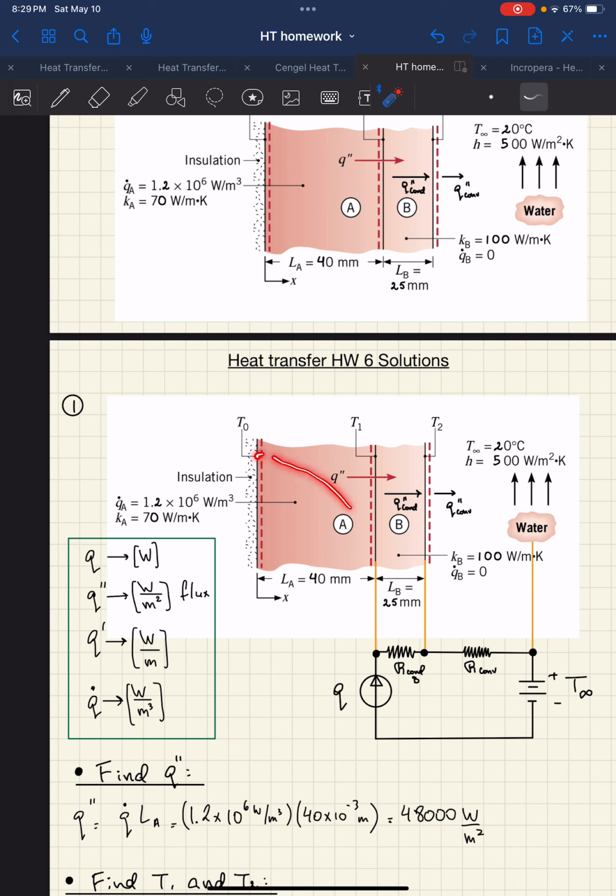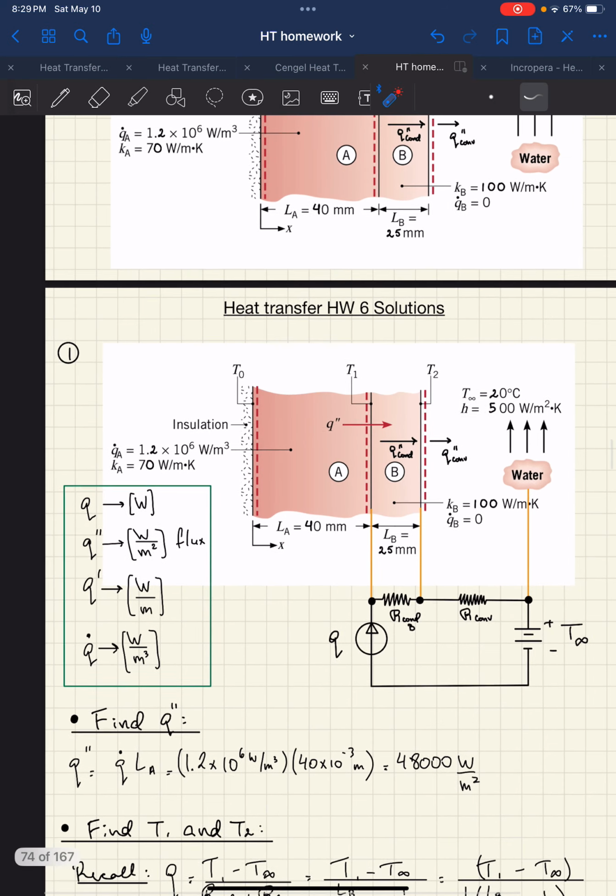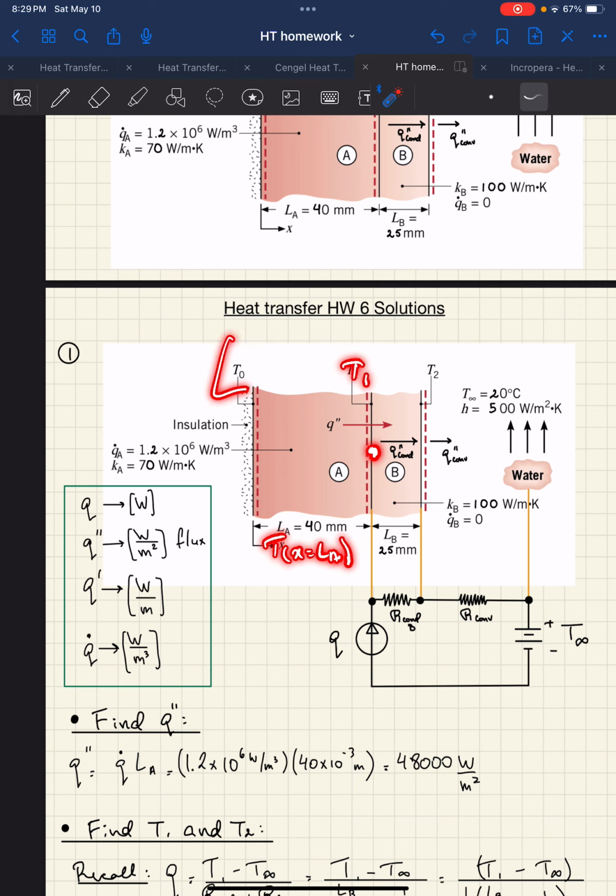That equation gives you the temperature as a function of the parameter x, the length. The idea is we know the temperature T1. So we know the temperature at T of x equal to LA. That's temperature T1 right here. And we can plug that into the equation and then solve for T0, which is the max temperature basically.